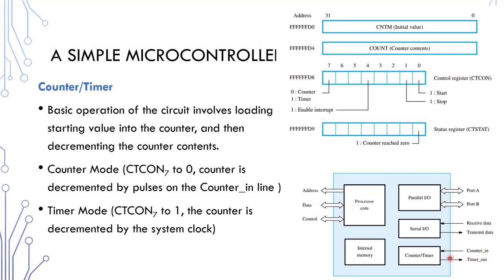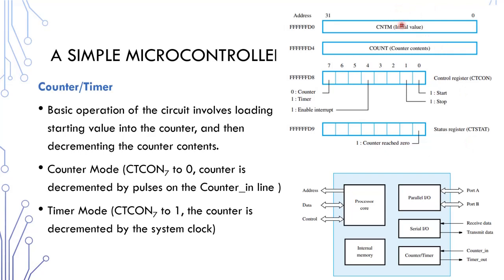Upon approaching 0, the counter circuit sets the status flag in CT stat of 0 to 1 and raises an interrupt if the corresponding interrupt enable bit has been set to 1. The next clock pulse causes the counter to reload the starting value, which is held in the CNTM register, and the counting continues.